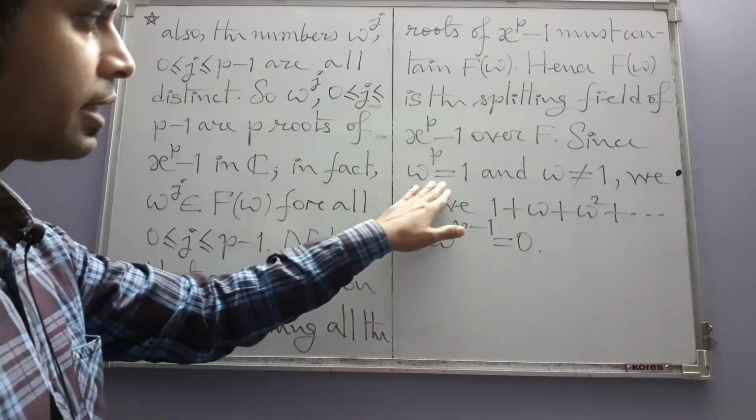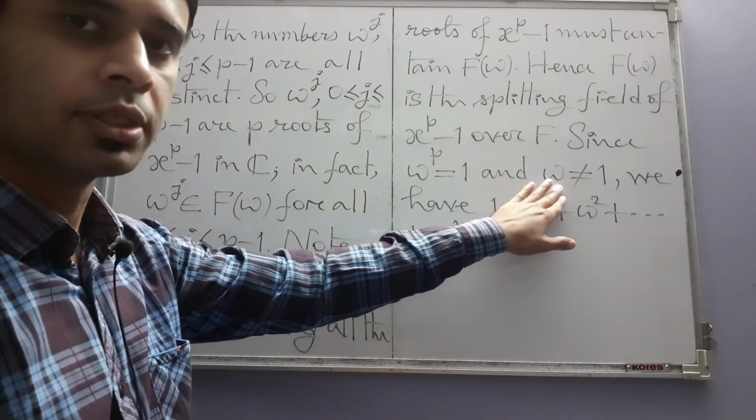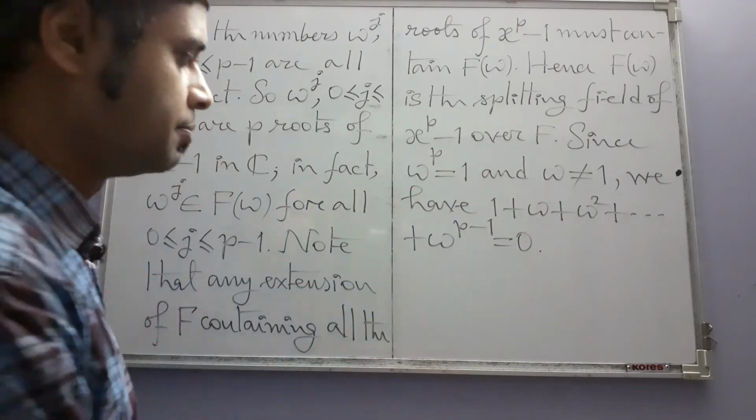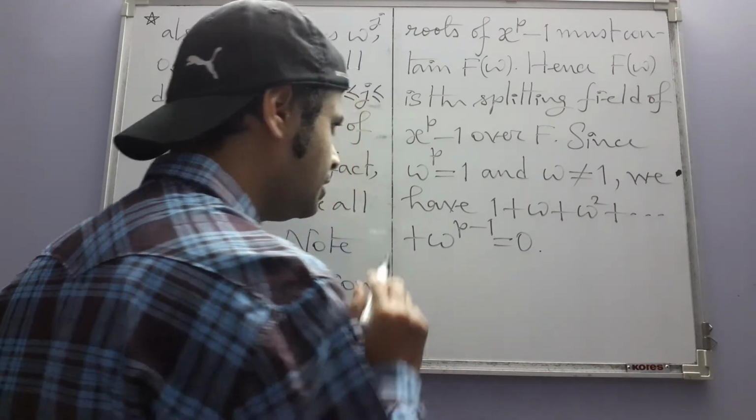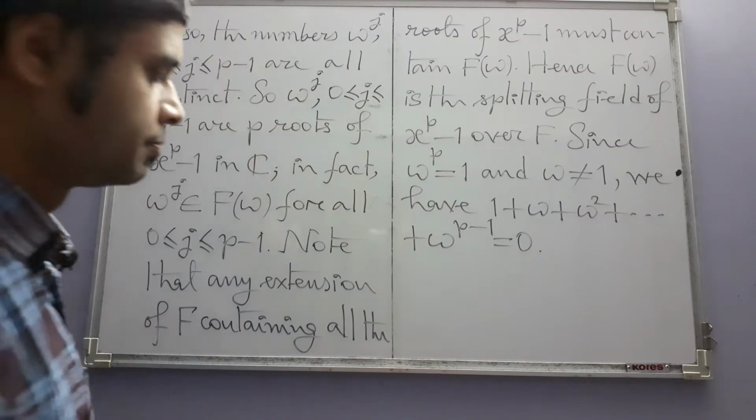Okay, we understand this equation, but what about this? Why is omega not 1? You see, omega is not 1 because p is an odd prime.